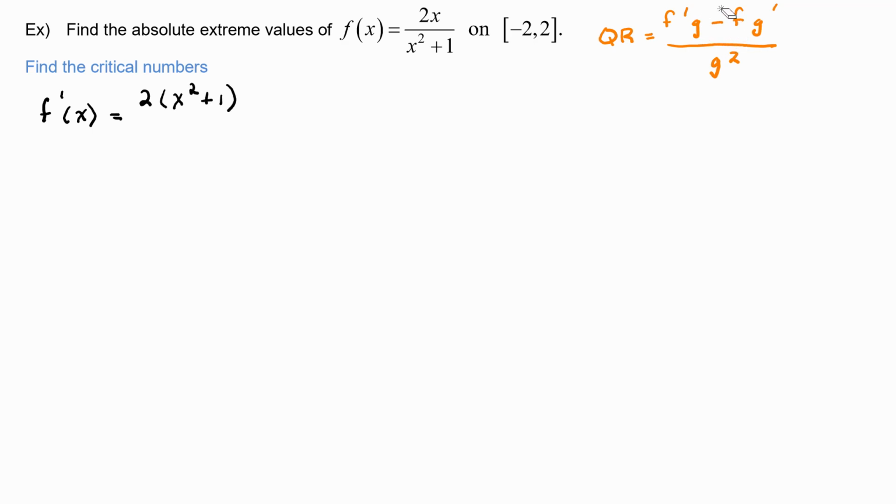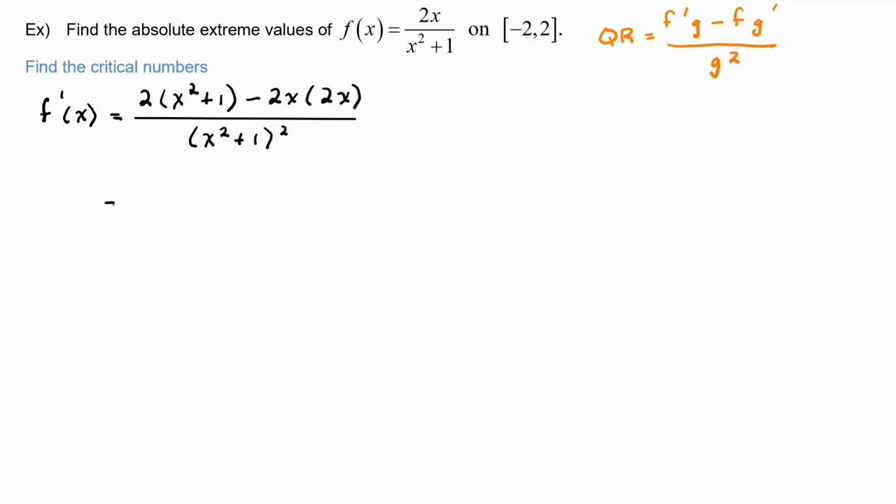Then we have this subtraction symbol, and we have to take f, which is 2x, times the derivative of the denominator, which would be 2x. That whole thing is over g squared, so we take this denominator and square it. X squared plus 1, quantity squared.